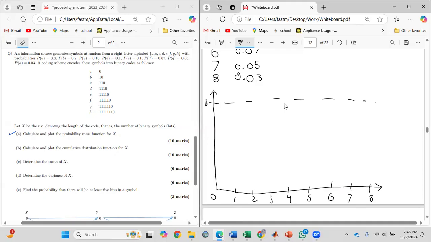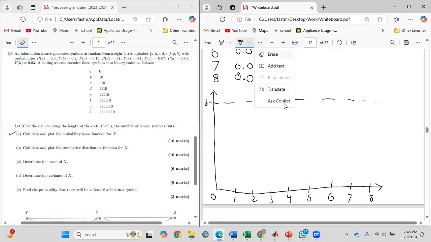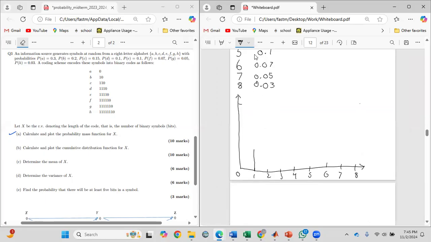It's discrete, so it will be dashes on top. I should not have written the 1 because that is for CDF. I don't need this for this one. The sum of each of them will be 1, but that is only for CDF, lines up for P. So at 0 is 0, at 1 is 0.3.